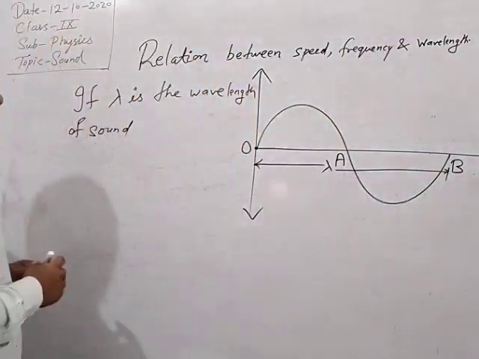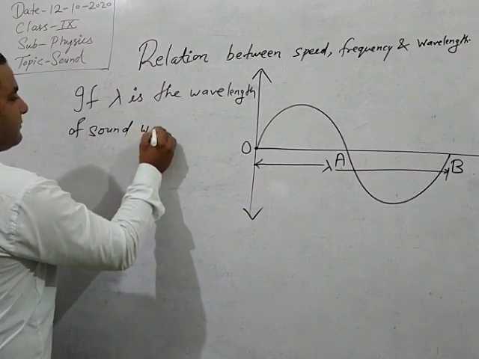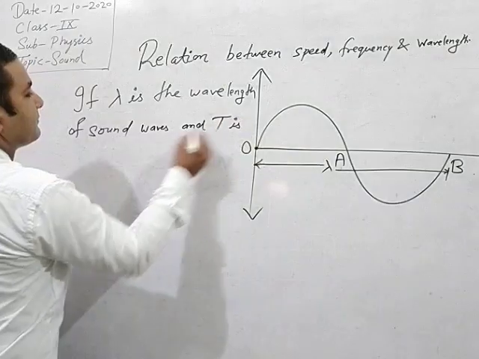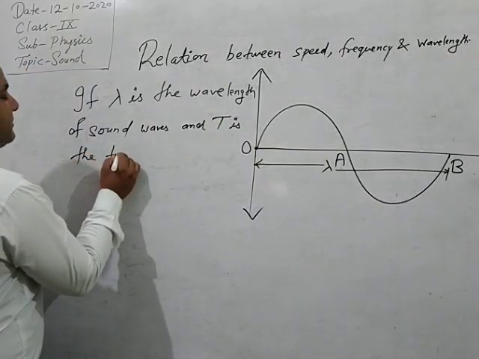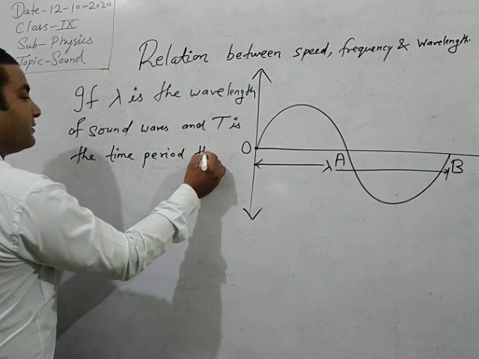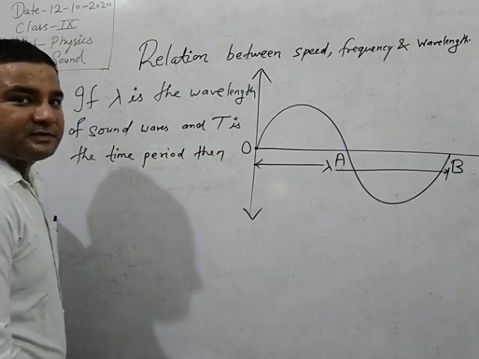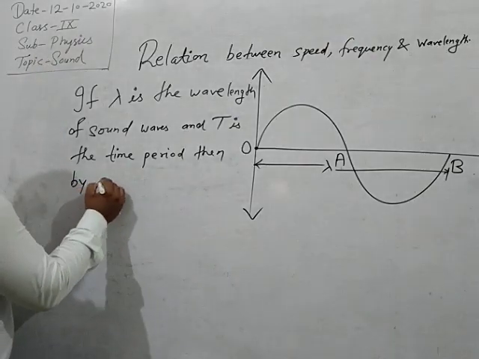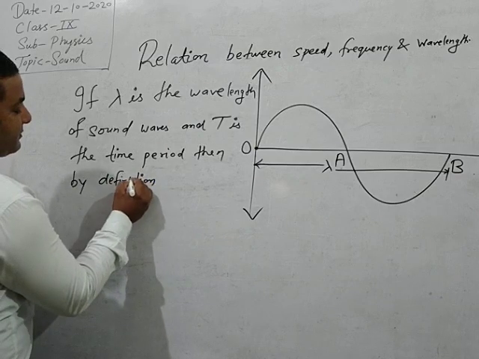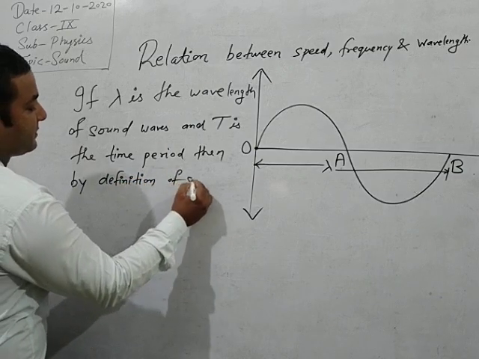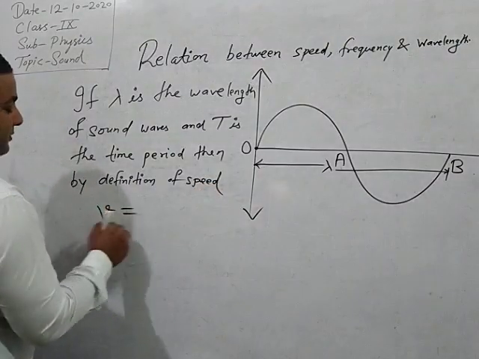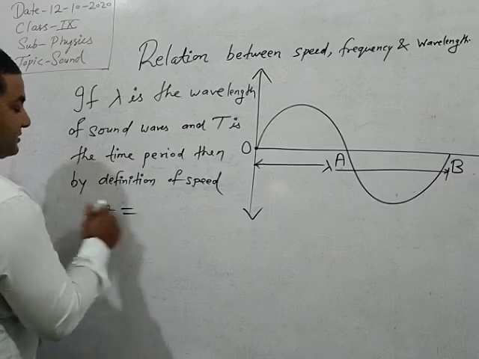So if lambda is the wavelength of sound wave and T is the time period, then by definition of speed, v is equal to what? Distance upon time.